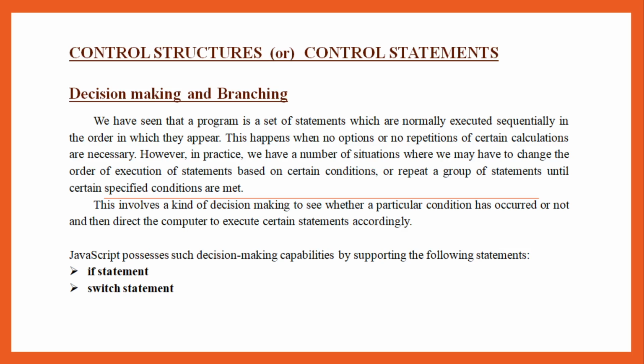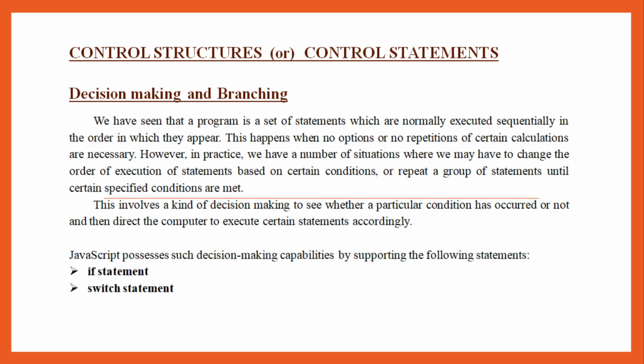That is, the sequential flow is controlled, and it can skip a part of the code and execute somewhere else. For that we use decision making and branching statements.